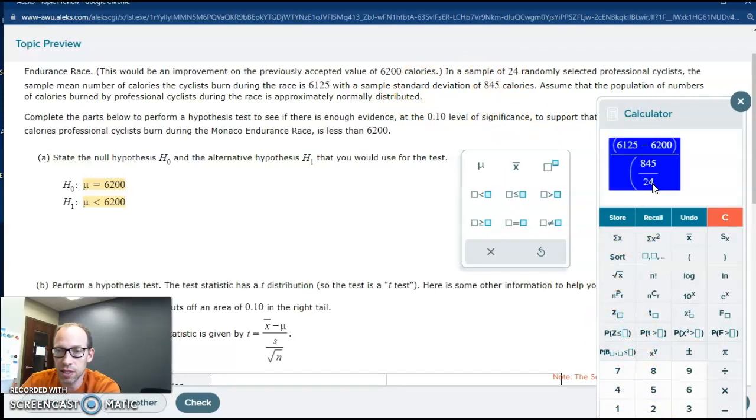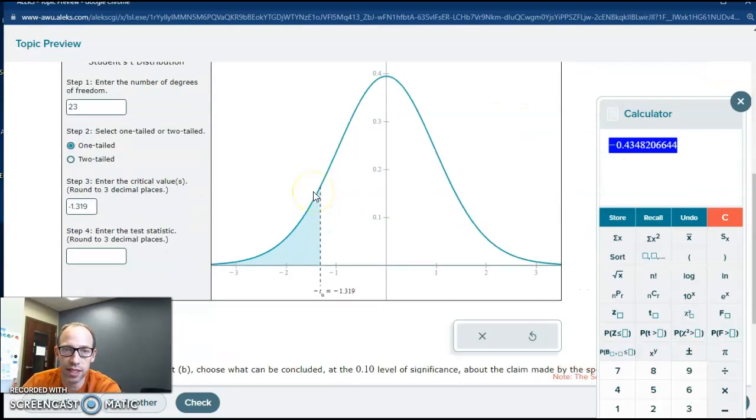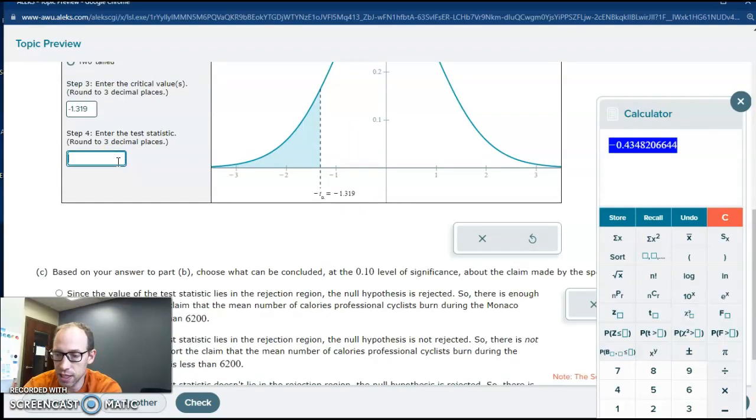So we'll take the square root of that. And this will give us our test statistic, negative 0.435.